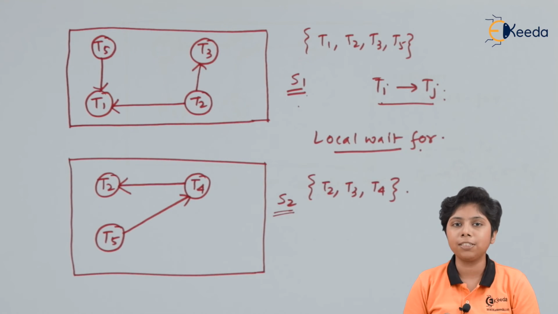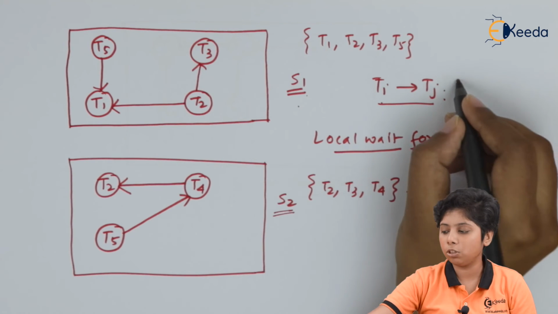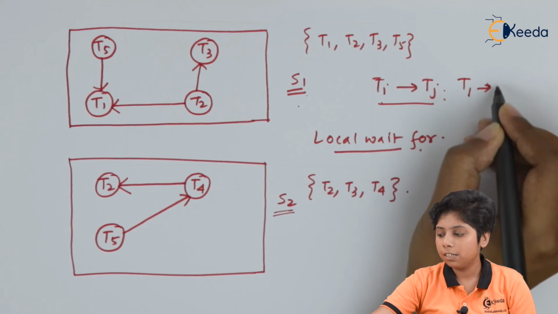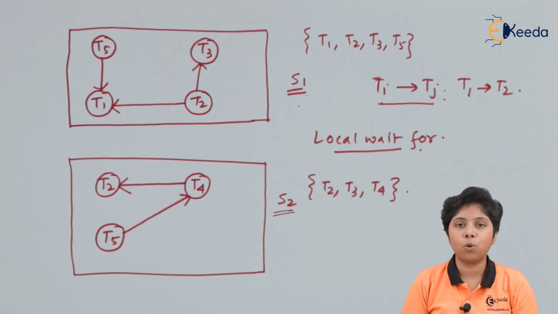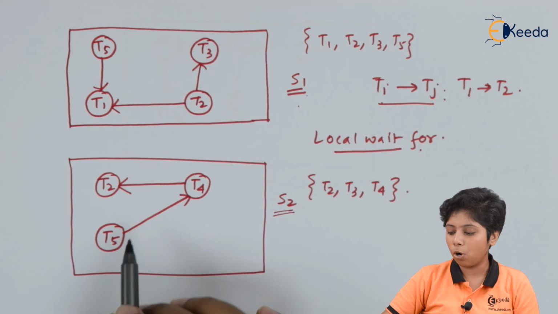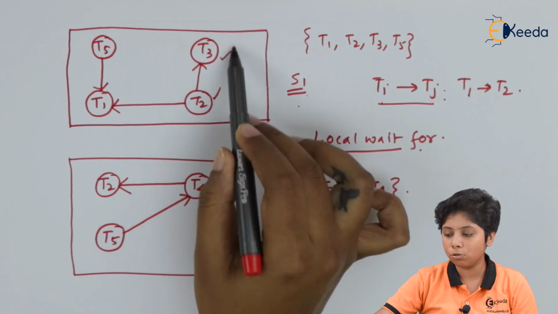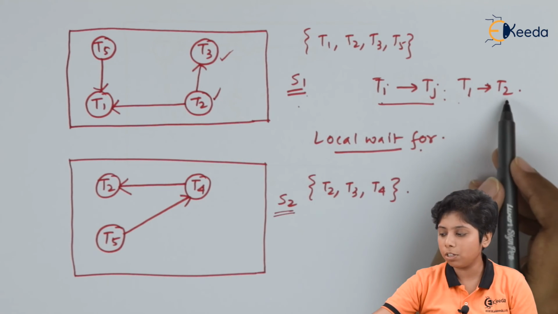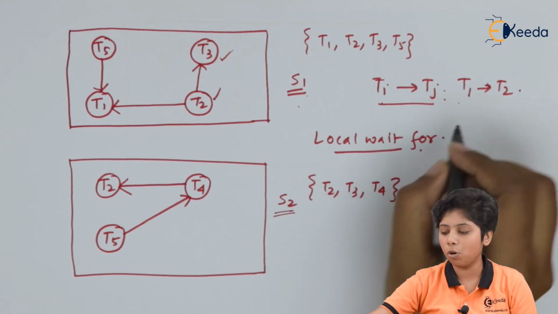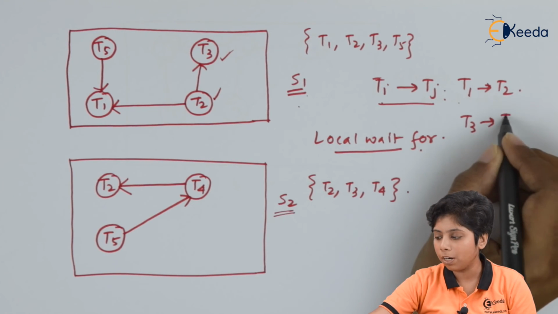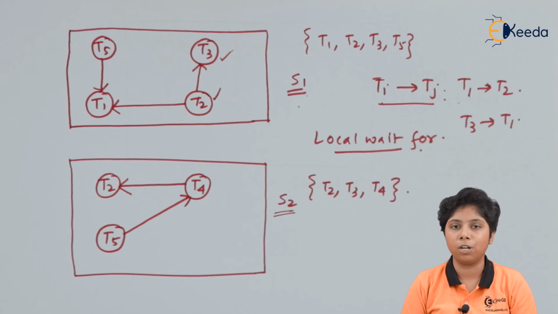So now the false cycle, that is T1 to T2, exists in this S1 graph. Now in this one we have T2, T4, T5 and we have this T2 to T3. So by this T1 to T3 there will be one more, T3 to T1, that exists in this S2 graph.